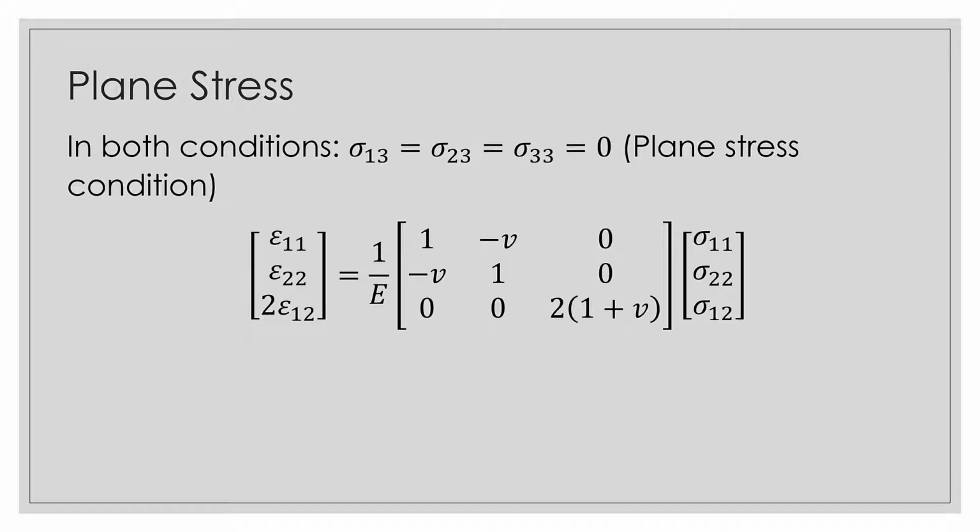If we look at the relationship, everything in the center is just a function of V and E, which we're typically given. The Poisson's ratio is typically for steel, so that'll probably be around 0.3. E, again for steel, maybe 200,000 MPa or 210,000 MPa, something in that ballpark. And then the final thing at the very right is sigma 1,1, sigma 2,2, and sigma 1,2. We know all those from our stress tensor, so therefore we can find the strains.